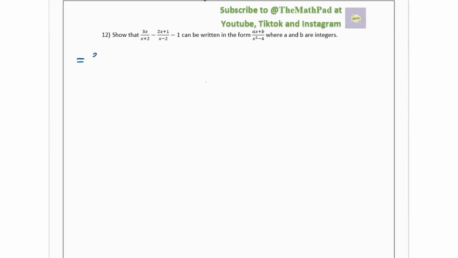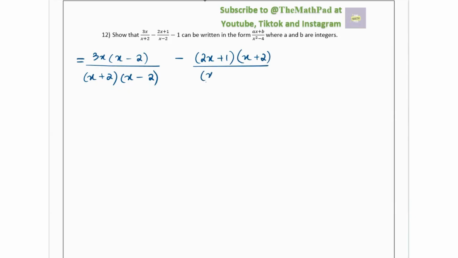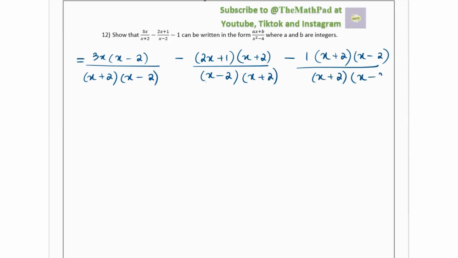So that's going to look like 3x times x minus 2 over x plus 2 times x minus 2, minus 2x plus 1 times x plus 2 over x minus 2 times x plus 2, then minus 1 times x plus 2 times x minus 2 over x plus 2 times x minus 2, like this.